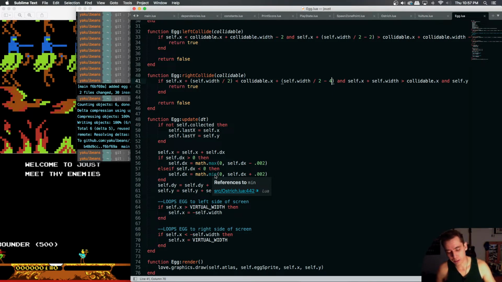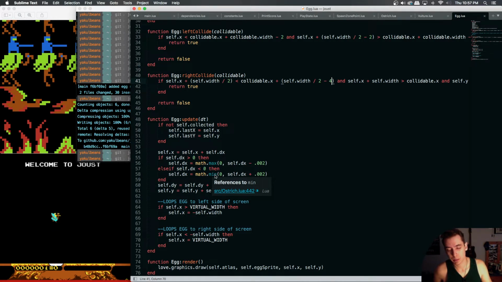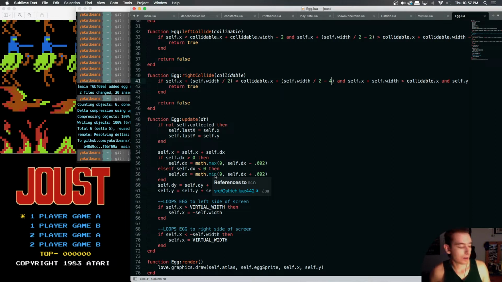I think the secret is we definitely need to move our egg's x position upon a left collision. That way, it would swap its dx in that 1 pixel area, detect a collision again, and swap its dx again, and reset its position. So I don't know, that could be possible.